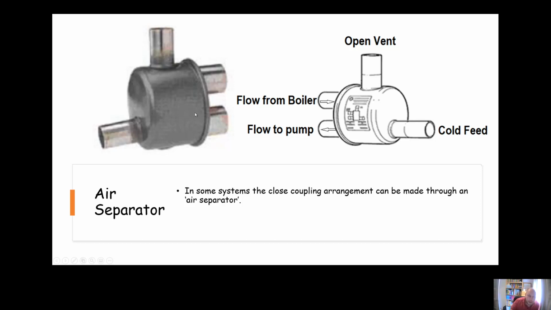Essentially the way it works, you've got the flow coming in from the boiler here. There's going to be some turbulence inside the fitting, and the flow will continue out then to the pump, which is going to be fitted immediately after our neutral point here, which is the cold feed. And we've got a vent pipe coming off here as well. So inside this fitting we should have some turbulence, which will also help aid the release of any air from the system.